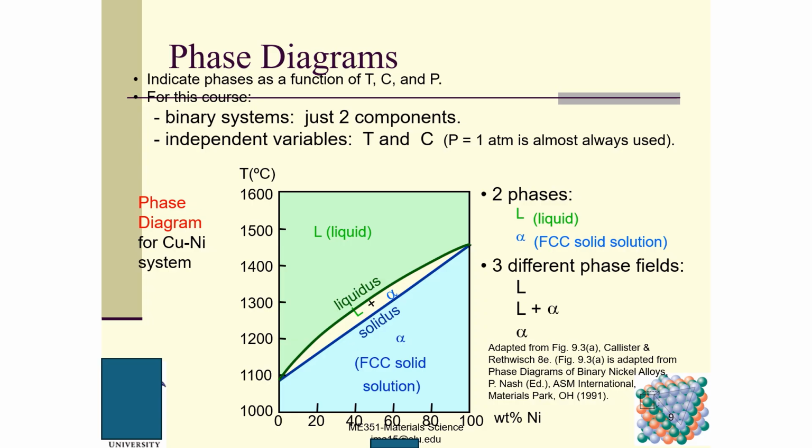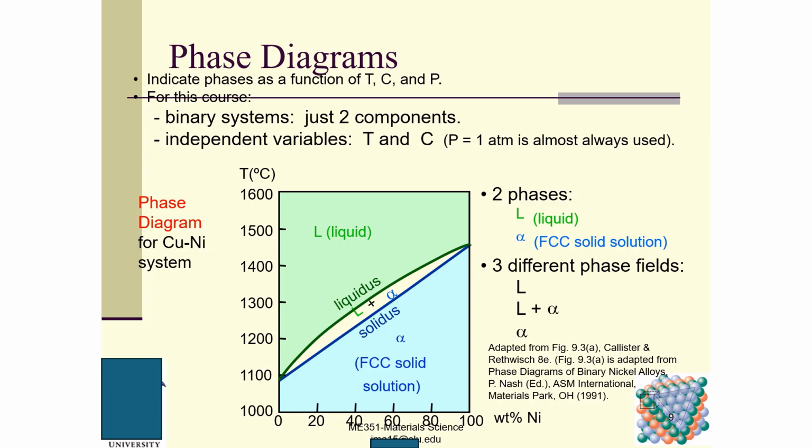Below the solidus curve, the material is alpha, a solid solution. So this is a solid. Above the liquidus curve, the material is a liquid, molten material. In between the liquidus curve and the solidus curve, we have two different phases: L, the liquid phase, and alpha, the solid phase.